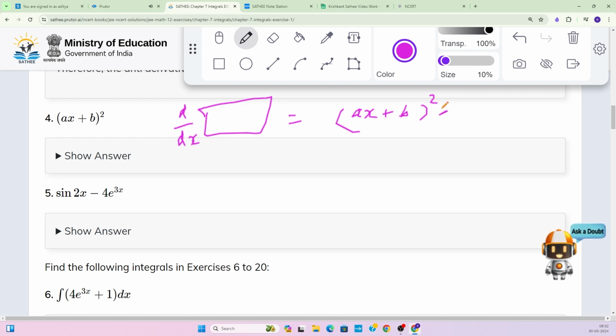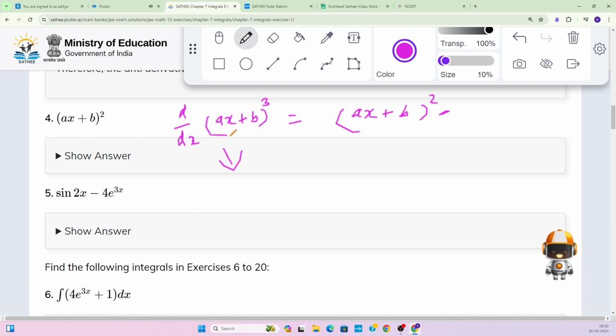So if you are getting 2 here, then in the original you will be having one more power. After differentiating, this power becomes 1 less, which is 2, but this will also be the coefficient.